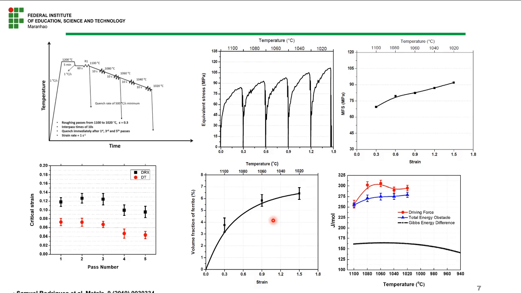Also, we performed a torsion experiment. We did this experiment in the same equipment, where we simulated a roughing schedule. As we know, during the rolling process we have the roughing stage, after which we have the finishing stage.